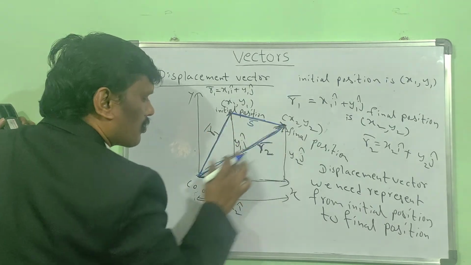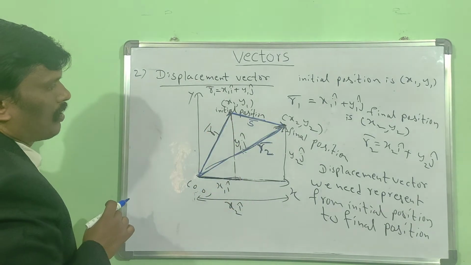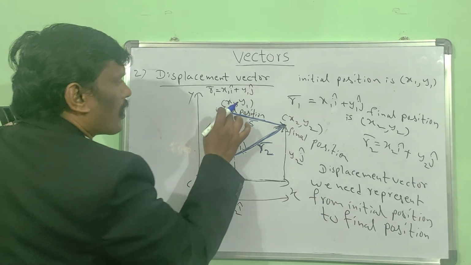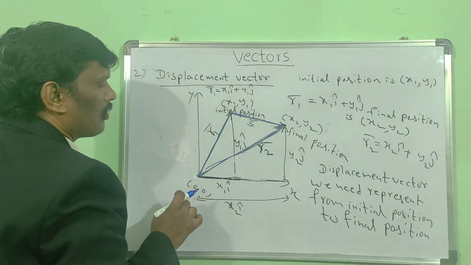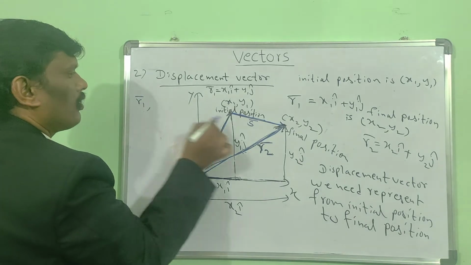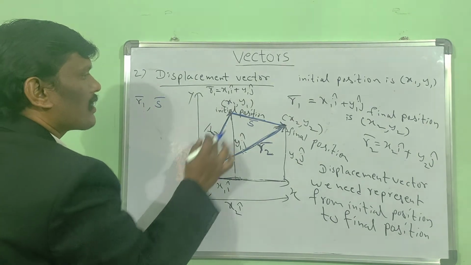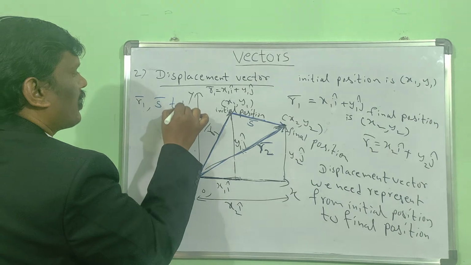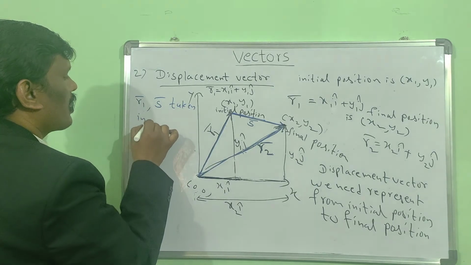Observe here, this seems to be a triangle. In this triangle, two sides of a triangle are represented by two vectors, one is R1 bar, S bar, taken in the same order.